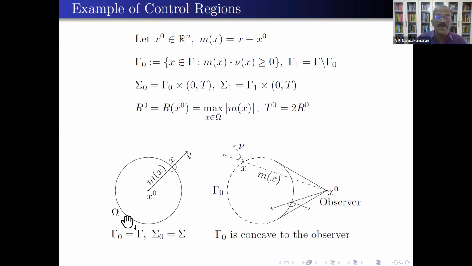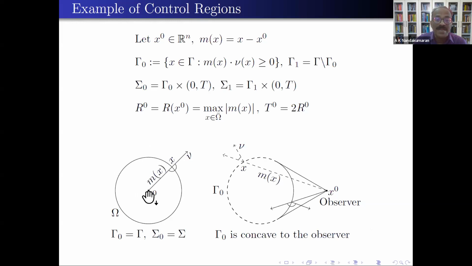So you can interpret that, in any case, according to the observer, the controllability region is the part which is concave to you. Of course, you have to see that, because we always work with the external normal. Only an outsider can see the boundary, not an insider. You cannot see the boundary from inside, because we always consider the external normal.